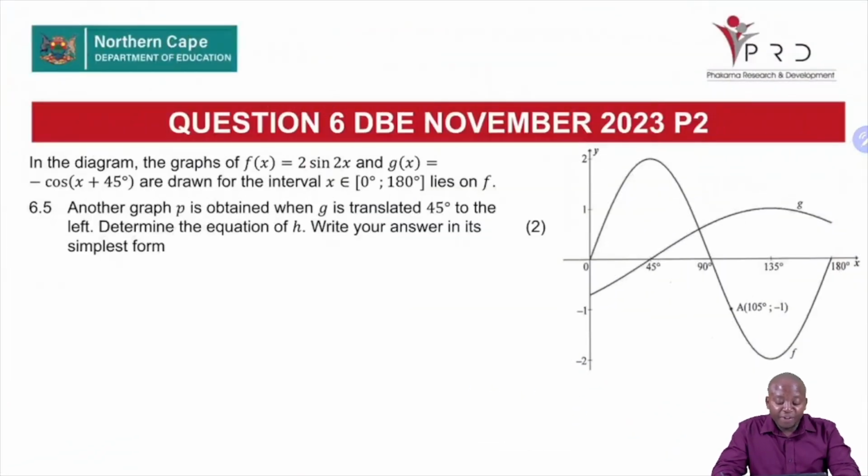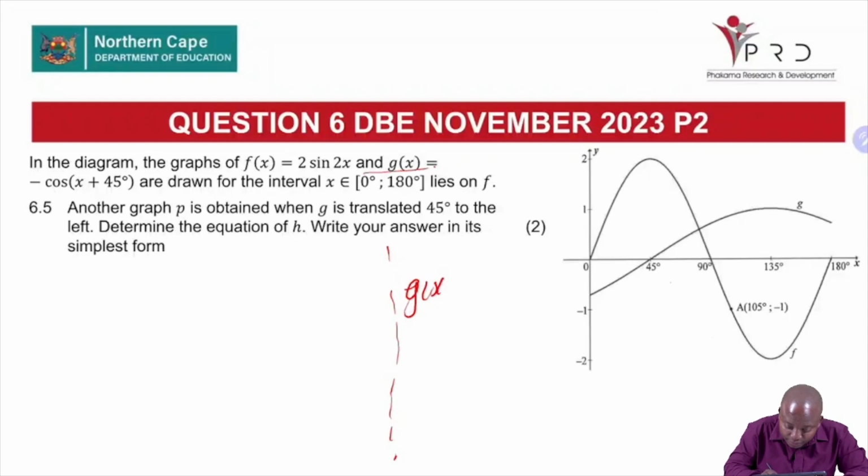Now, 6.5. They said another graph P is obtained when g is translated 45 to the left. Now remember that g of x is equal to negative cos of x plus 45.